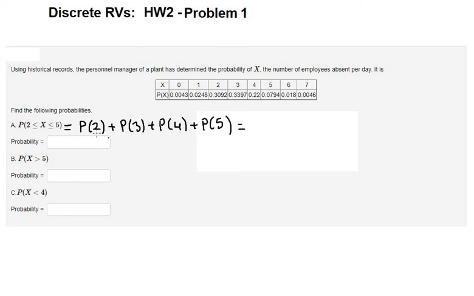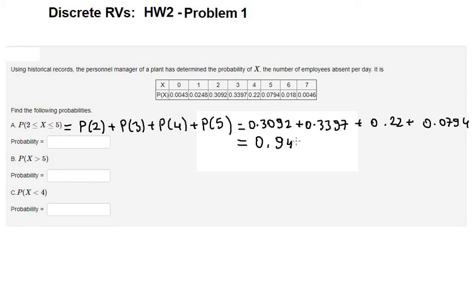Here in this chart, the probability that X is 2 is 0.3092 plus 0.3397 plus 0.22 plus 0.0794, and if we add them all up, we obtain 0.9483. So this is the probability that X is between 2 and 5.